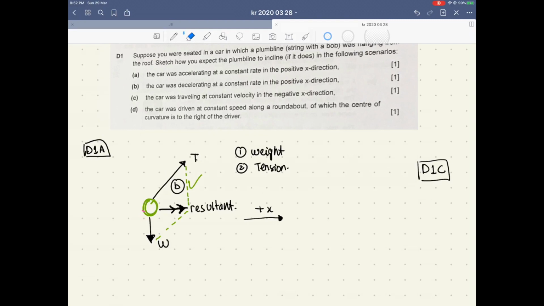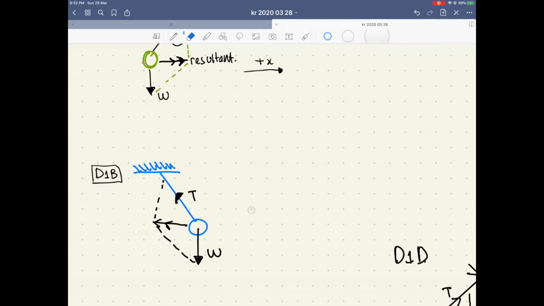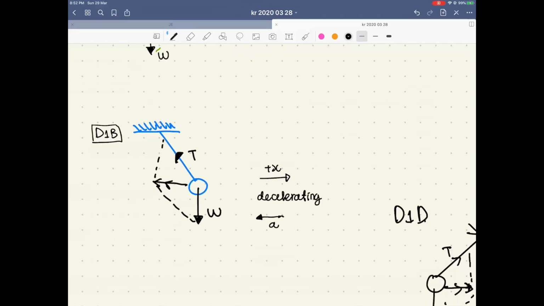How about B? The car was decelerating at a constant rate in the positive x direction. Again, we assume the positive x to be to the right, and decelerating. What does it mean? It simply means the acceleration is to the left.